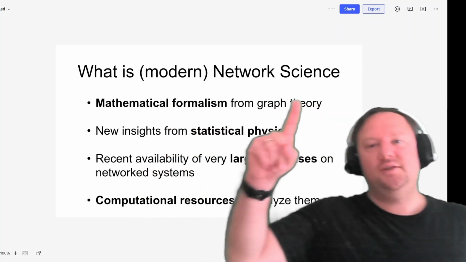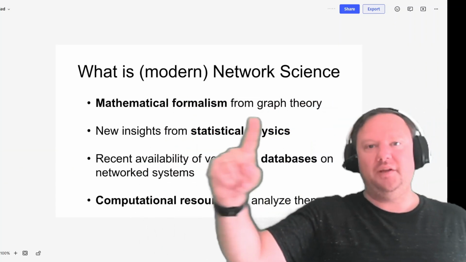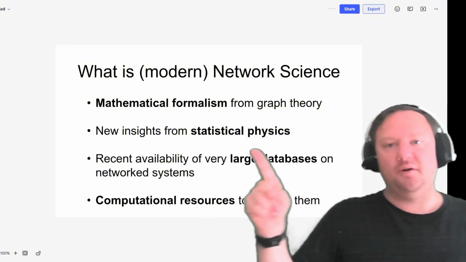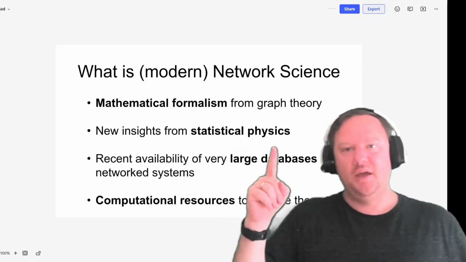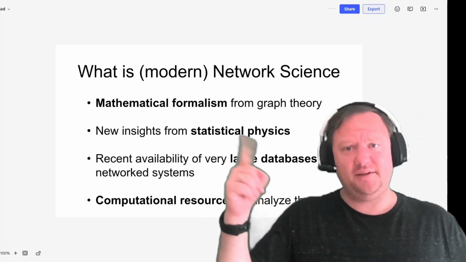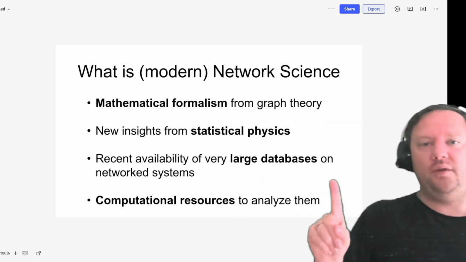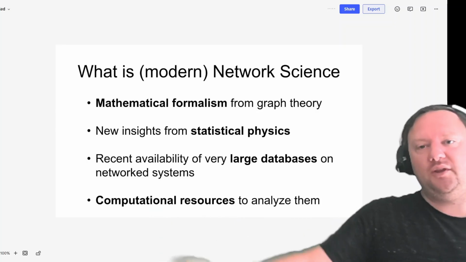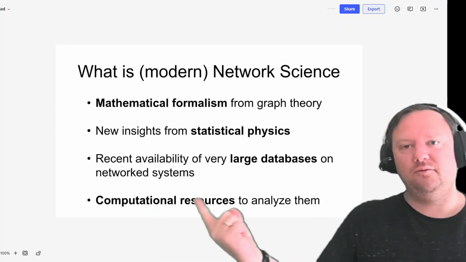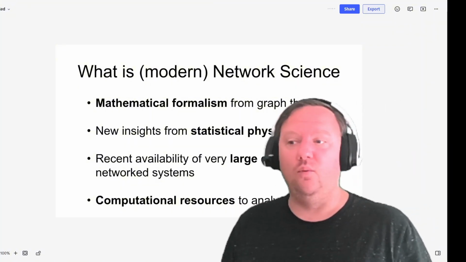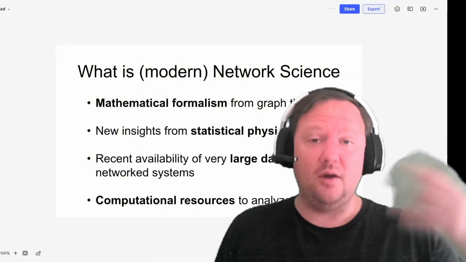Network science is originally and formally an area of mathematics, graph theory, but we get insights from physics that I suppose help us to direct where our interests ought to be. That's my guess here. With very large databases, we can use computers to do new things that we were not able to do before, to analyze these problems and also direct what we are interested in asking about these networks.